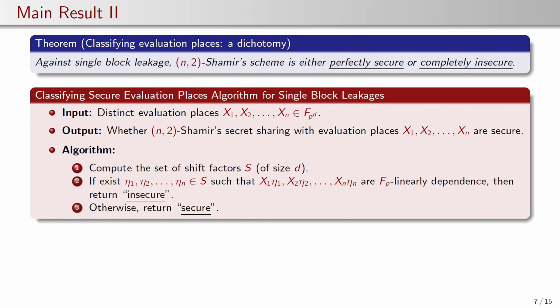Then we check if there exists a set of n elements in this set, so that when we shift the evaluation places by these factors, it results in a set of vectors that are linearly dependent, then the scheme is insecure. And if they are all linearly independent, then it is secure.